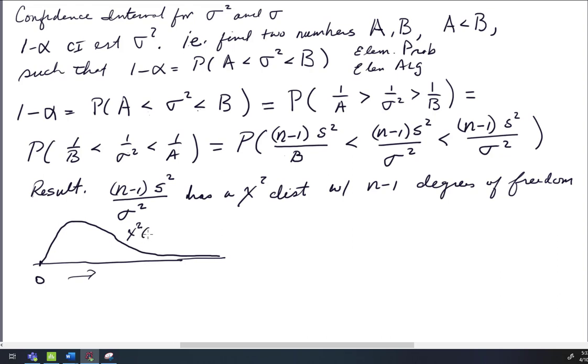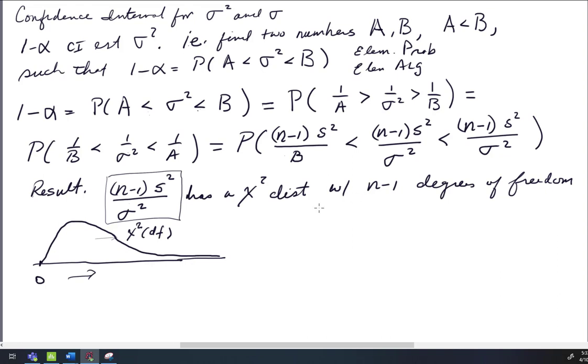There are many chi-squares, and we use the parameter degrees of freedom to tell them apart. So this would look like a chi-square with 7 or 8 degrees of freedom. The higher the degrees of freedom, the more this humpy part here migrates toward the right. So again, that's review. We have learned all that. Now what is new is that this expression will have a chi-square distribution with n minus 1 degrees of freedom.